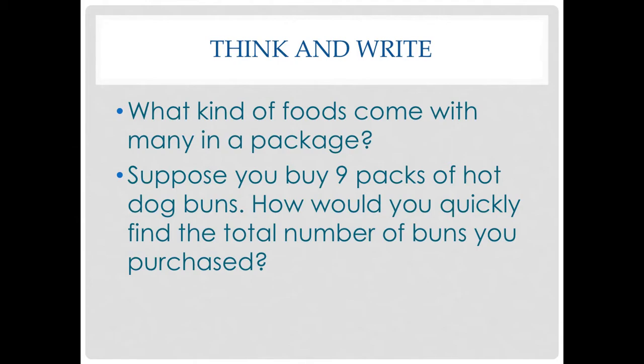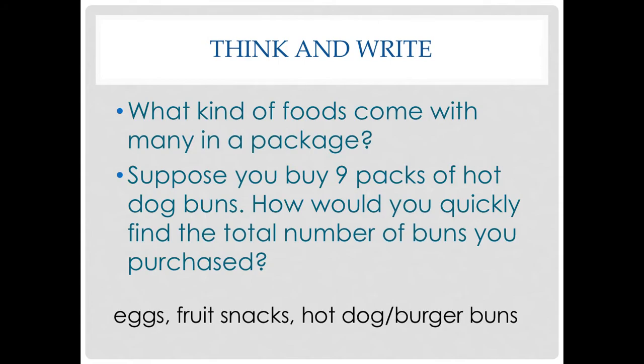What kind of food comes in packages? Suppose you buy 9 packs of hot dog buns. How would you quickly find the total number of buns you've purchased? Well, this is when you can multiply. When we're talking about packages of food, we can think of eggs. Eggs come in packages of 12.